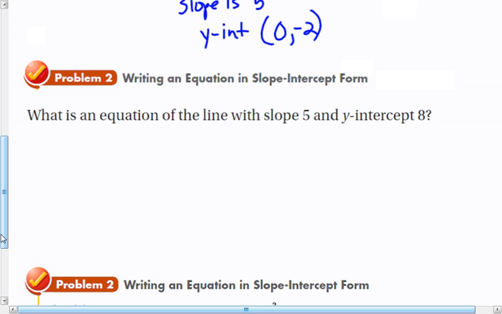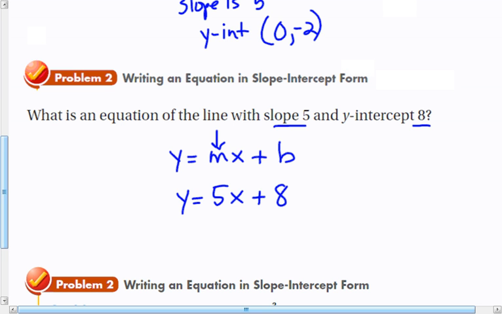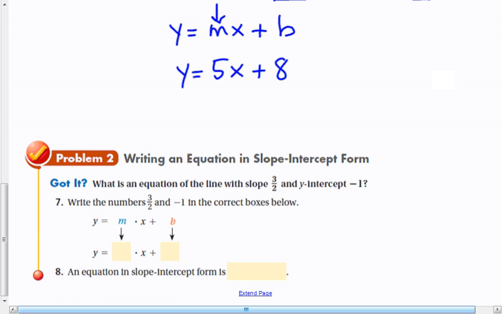What is the equation of a line with a slope 5 and a y-intercept 8? So all we need to do is substitute. We need to substitute the slope for m, which is 5. And we need to substitute 8 for the y-intercept. Since it's positive 8, we're just going to add 8. All right, you try that.